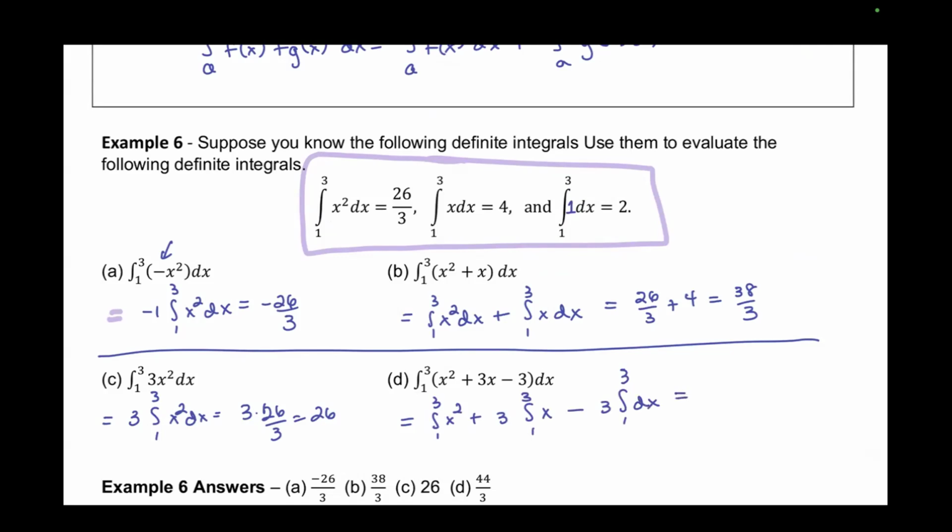Okay, so 1 to 3 of x squared, that's 26 thirds. 3 times the integral from 1 to 3 of x is 4, and minus 3 times 2. So let's see, that's 12 minus 6, which is 6. 18 and 26, I'm having trouble adding. That's 44 thirds? I believe that's right.